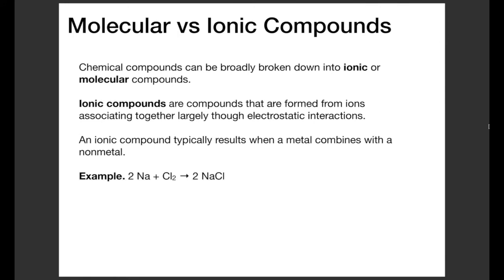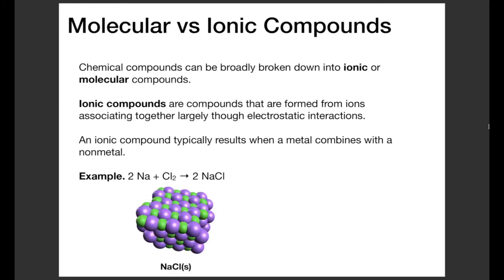For example, when two atoms of sodium combine with one molecule of chlorine, it forms two sodium chlorides. These two sodium chlorides are subunits of a larger lattice of sodium chloride. An ionic compound is rarely a discrete species in the solid state.